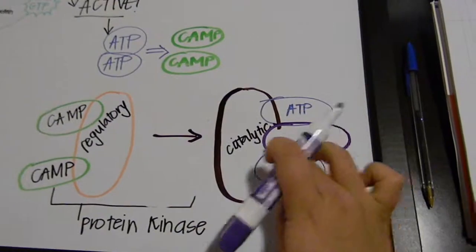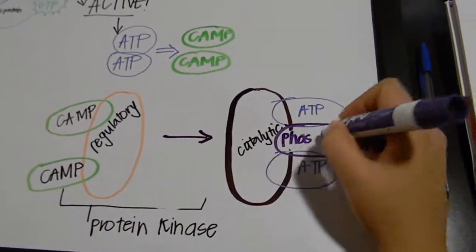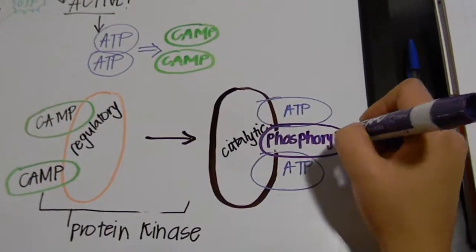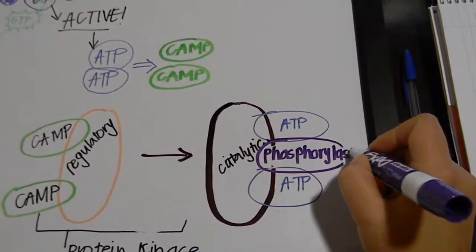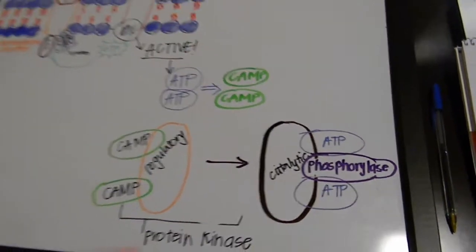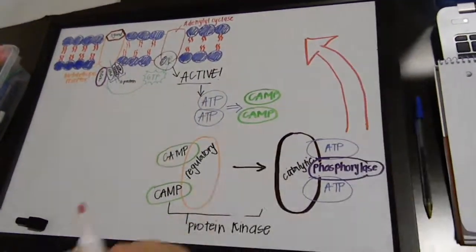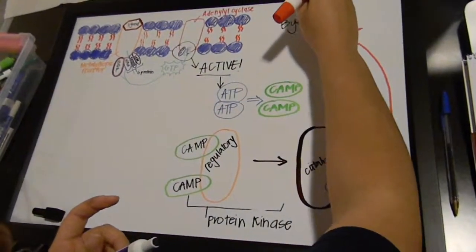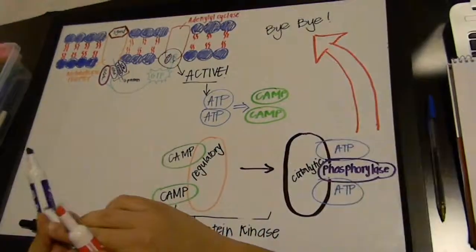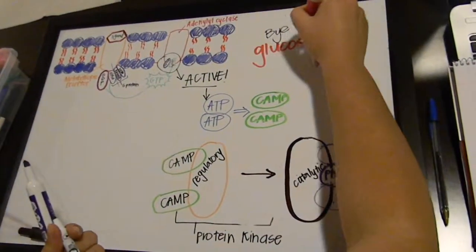Lastly, the enzyme phosphorylase attaches to the catalytic subunit as well, which causes glucose to leave the cell. The cellular response is to make glucose exit the cell. From this, there is increased heart rate, blood vessels become constricted, and many other factors.